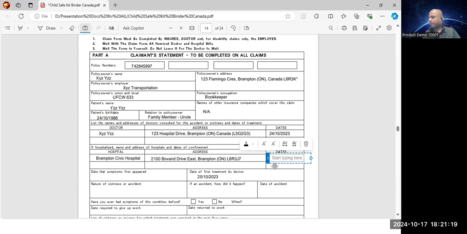And let's say the date, this would be 24/10/2023. The dates of confinement, let's say up till 27/12/2023.